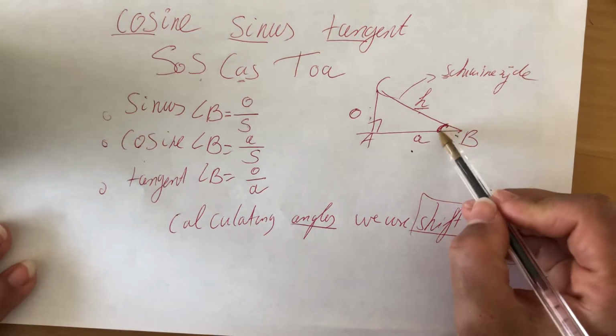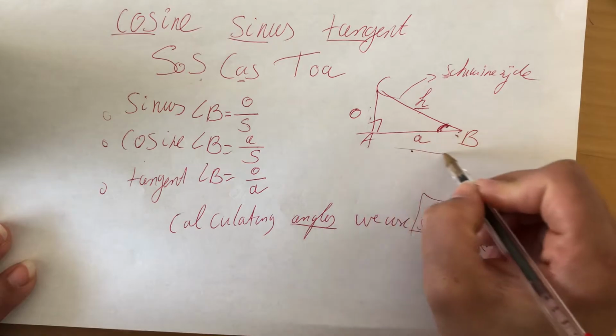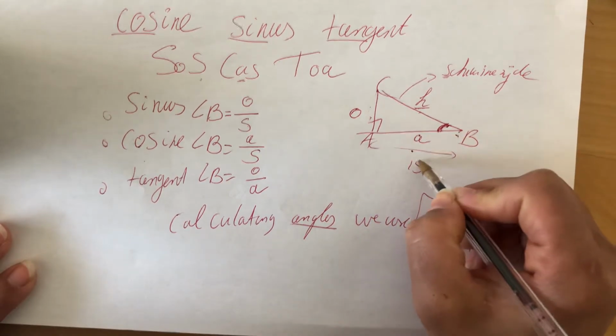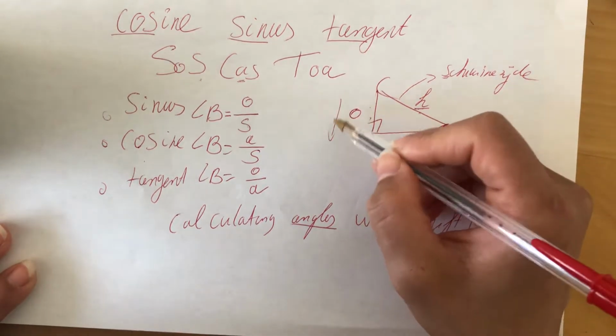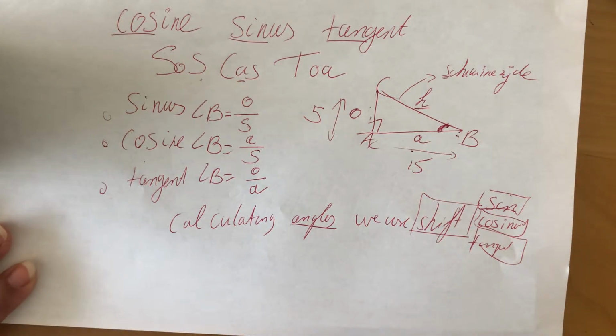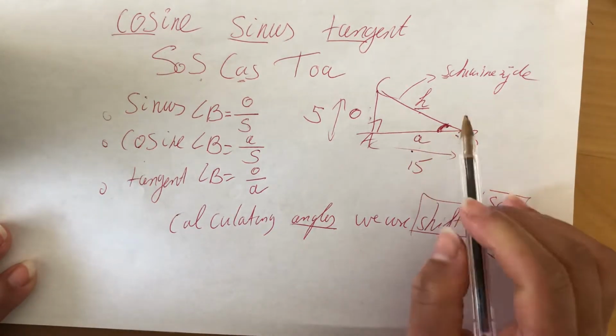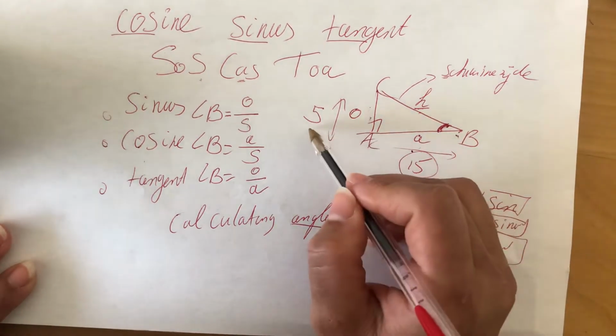Now, let's say, for example, we have this AB, it's 15, and we have AC, which is 5. Now, you look from angle B. So you see, okay, we have the adjacent one, that's 15. We have the opposite, that's 5.